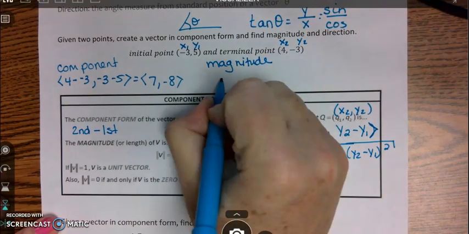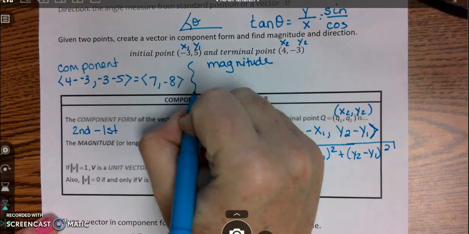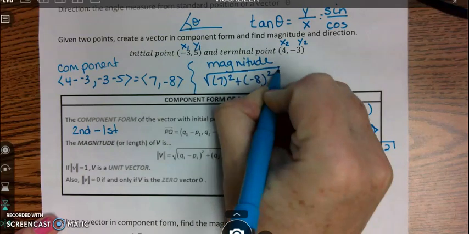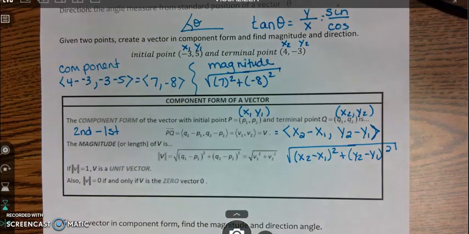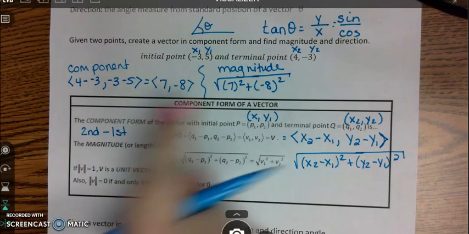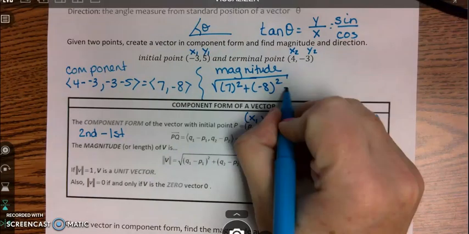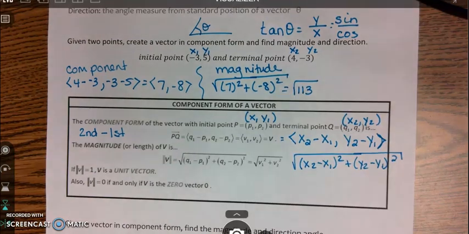So it's 7 squared plus a negative 8 squared. And please be careful, because when you square that one, you get a negative, and you don't want a negative. So I get the square root of 113. 113 is prime, and we can't do anything with it.